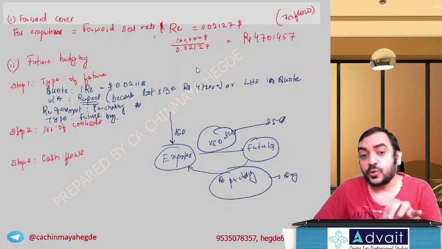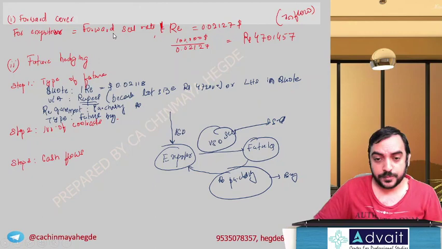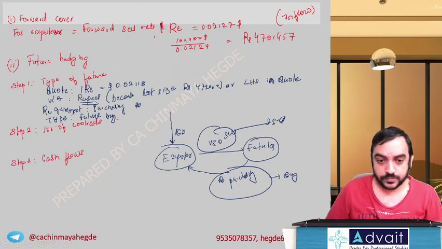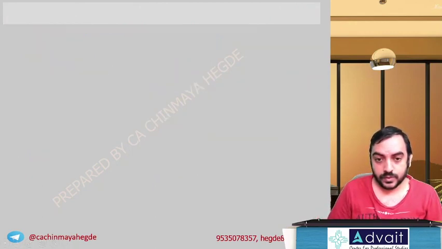Or the shortcut I use in options, let me repeat that for your reference. The shortcut, hope you remember, for selecting the type of future. Two situations.